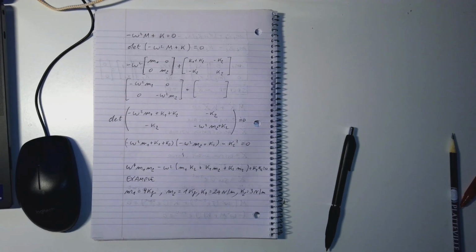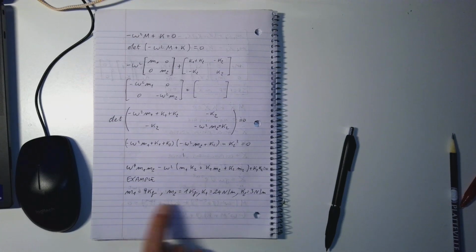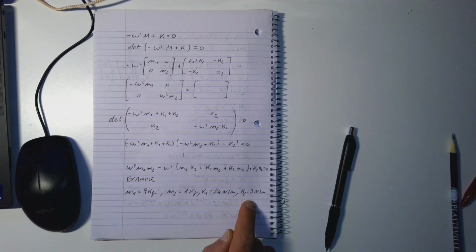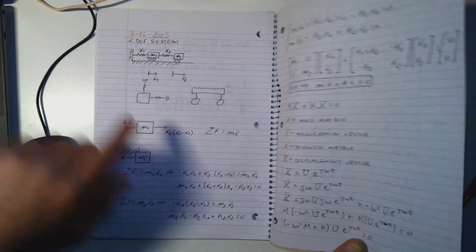So what I want you to do, you can use these values here, 9, 1, 24 and 3, to find the natural frequencies of this system here.